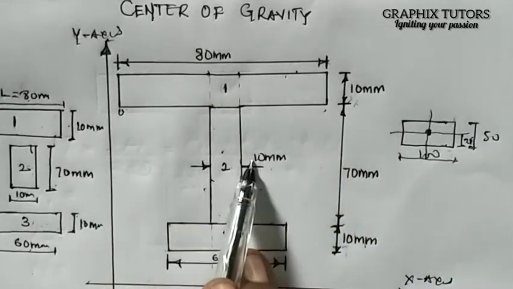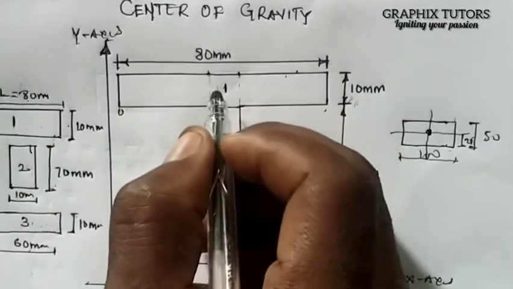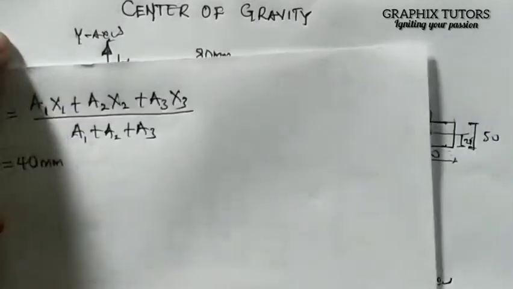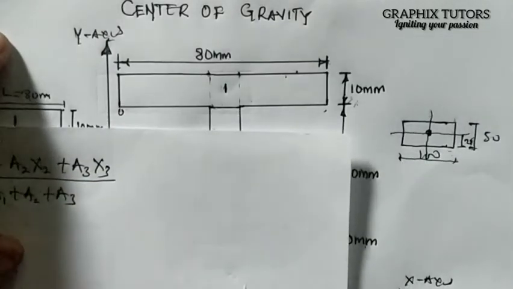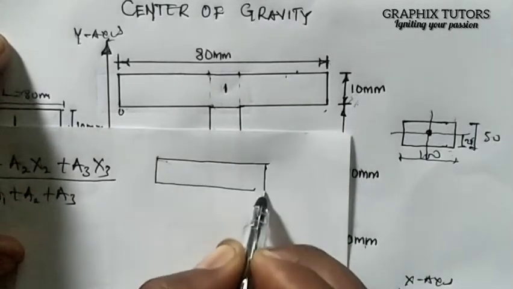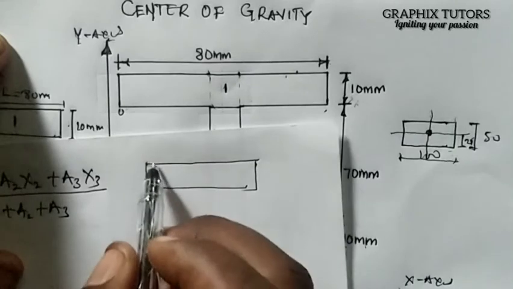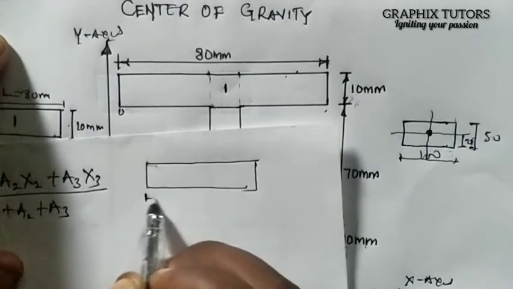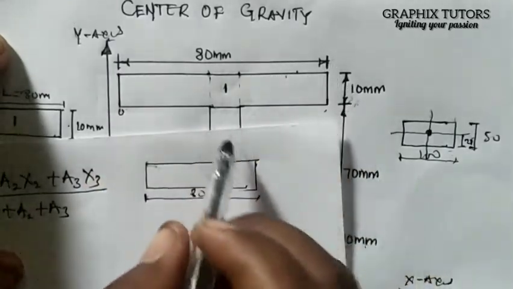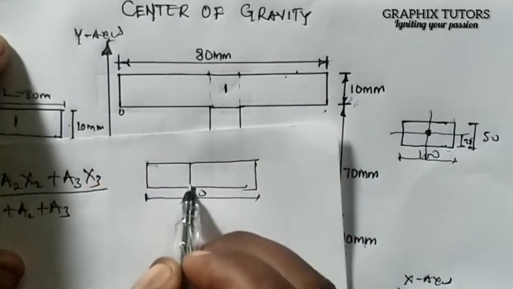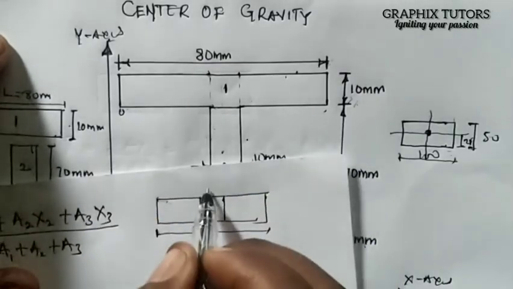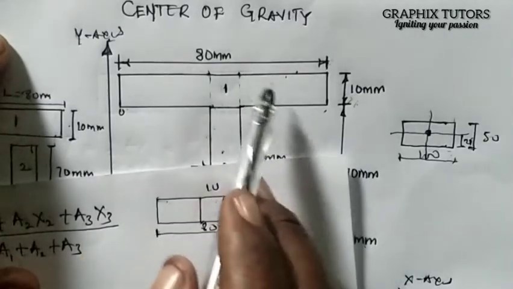And it is 10 millimeter. Let me just draw it out so you understand what I'm trying to explain. If from here to here is 80, and you remove 10 for the center, which is the thickness here, what will remain? 70.